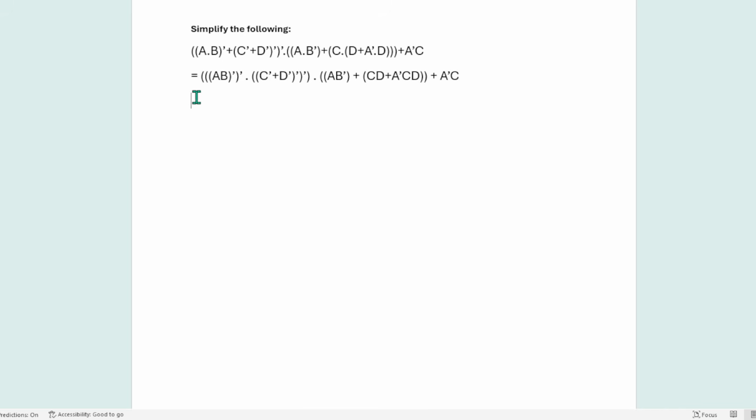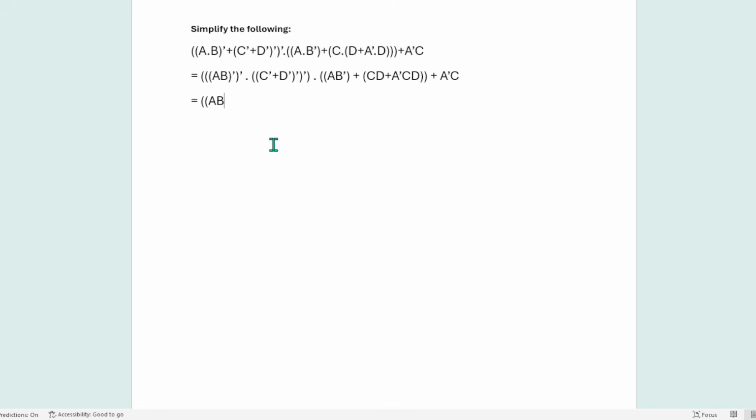So for the next line now, we all know that a double prime means a, right? So ab double prime means only ab.